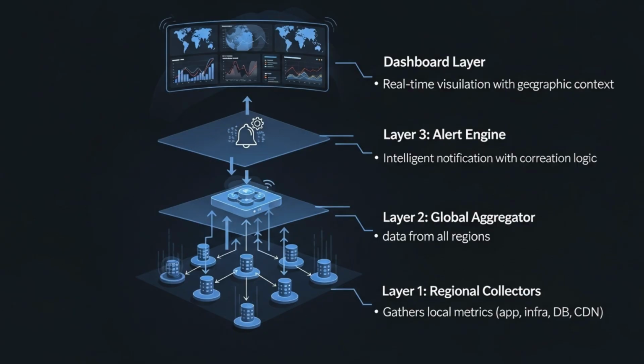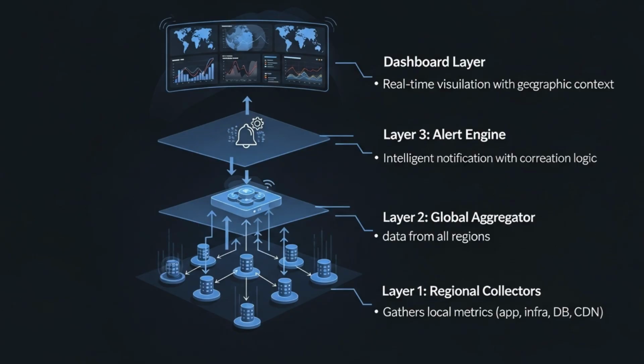They're the eyes and ears on the ground in each location. Next, we have the global aggregator. This central system doesn't just combine metrics, it pulls data from all regional collectors and intelligently analyzes patterns across regions. It identifies performance differences, cross-region impact patterns, and the health of inter-region synchronization.